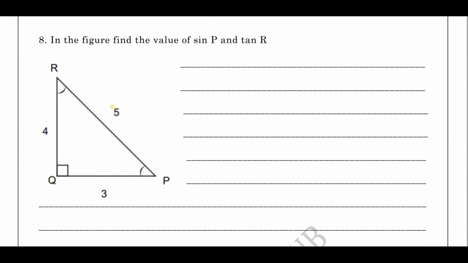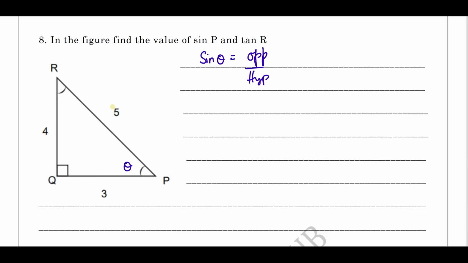Very simple question. For this, you should know all the trigonometric ratios, all the 6 trigonometric ratios. If you know, it will be easy for you to solve. Now the ratio sin theta equals opposite by hypotenuse with respect to theta.